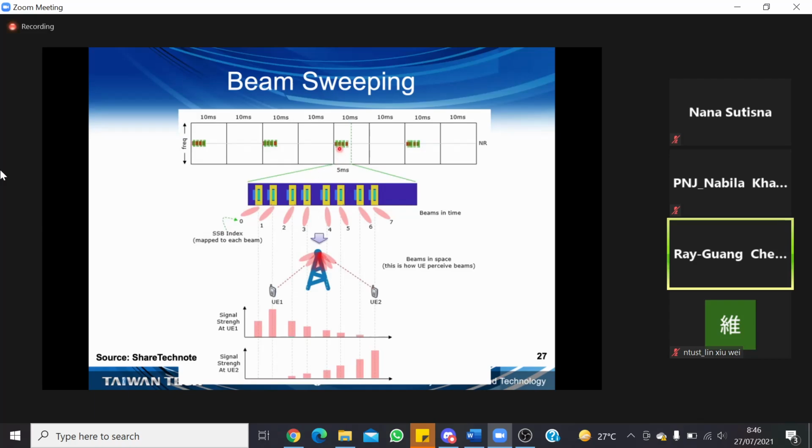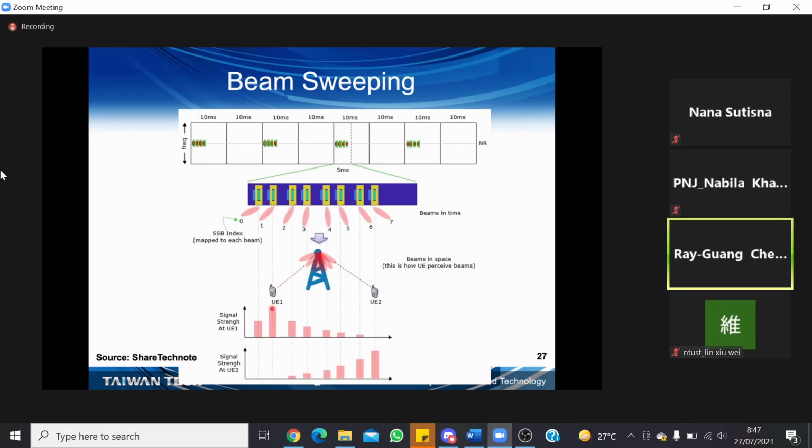At each time, they will show you they have many beams, and each one of them is related to a certain direction. So the base station will sweep the transmission beam to all the directions, so different users will receive better signal.